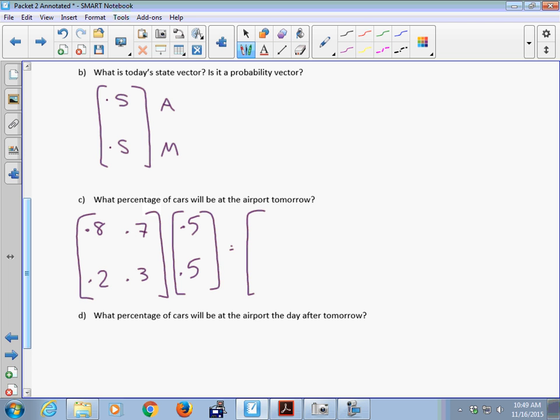When you multiply those, you get 0.75, 0.25. You can have your calculator do it, or you can do it in your head. You do 0.8 times 0.5 plus 0.7 times 0.5. That gives you 0.75. 0.2 times 0.5 plus 0.3 times 0.5 gives you the 0.25. And again, that's airport, Main Street. So what percentage of cars are at the airport? 75%.